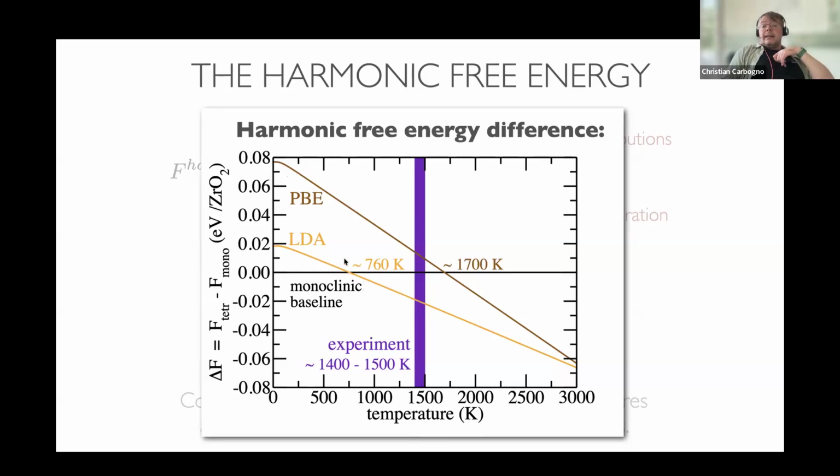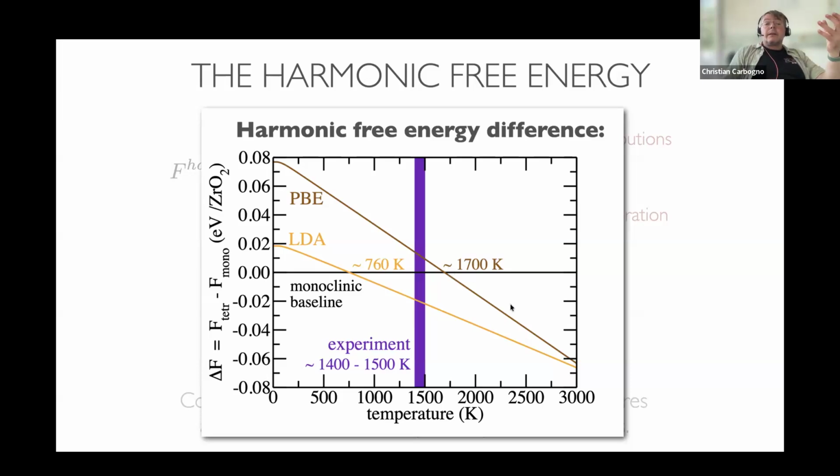For LDA, we see that this free energy switches sign, and so the tetragonal structure becomes more stable at around 800K. Conversely, if we go to PBE, we see a qualitatively similar behavior, but the transition happens much later, only at 1800K.